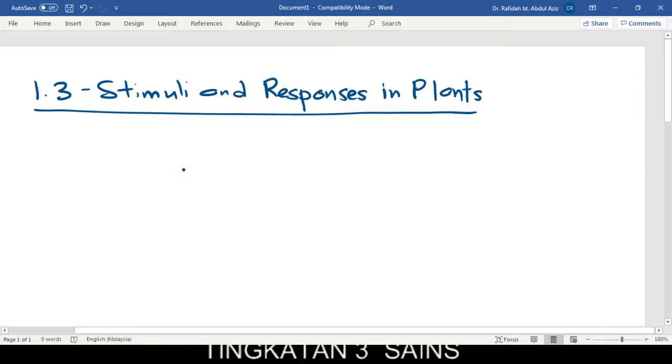So now, the stimulation that can be detected by plant are as follows.